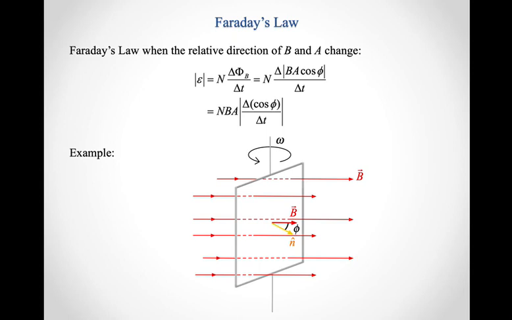I can plug those two angles in to get the cosine values, subtract them, divide by time, take the absolute value, and multiply by NBA. That's going to give me the induced EMF in this case. So we're going to start our Faraday's law problems by figuring out which parameter is changing in the magnetic flux: the magnetic field, the area of the loop being penetrated by the magnetic field, or the relative angle between the magnetic field and the area vector.